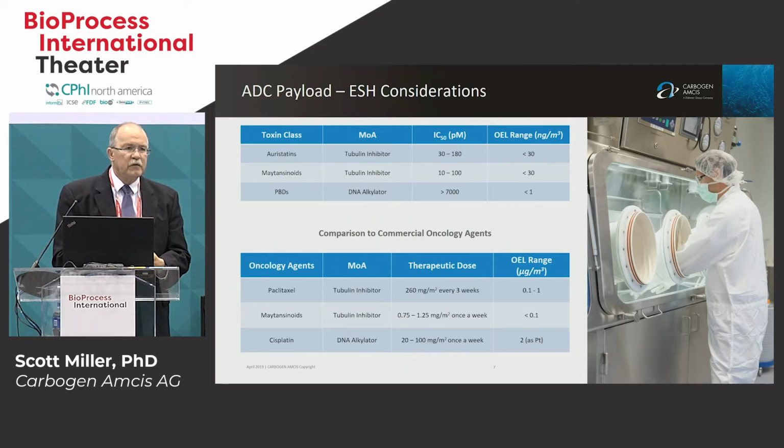So you're dealing with drug linkers that are considerably more potent, and of course, as has been mentioned in some of the previous talks this morning in particular, containment is a big issue. You're dealing with both the potency of your drug linker, where you need to protect the worker, and the necessity of aseptic handling of the antibody and the ADC to protect the antibody ADC from the worker. So you have both sides of the coin when you're making one of these.